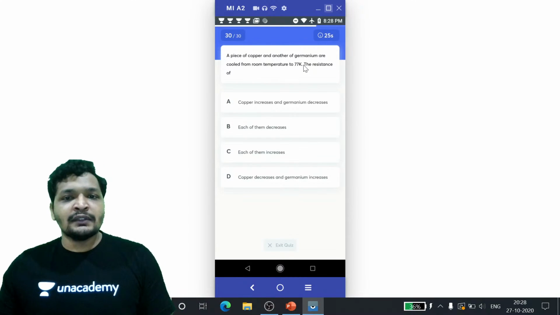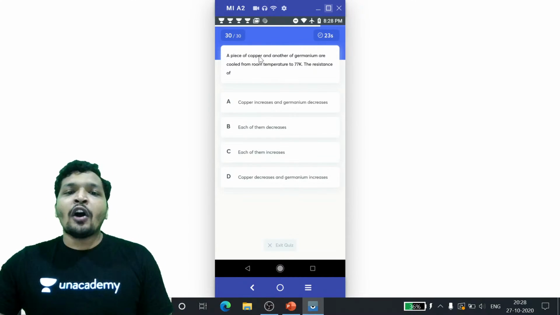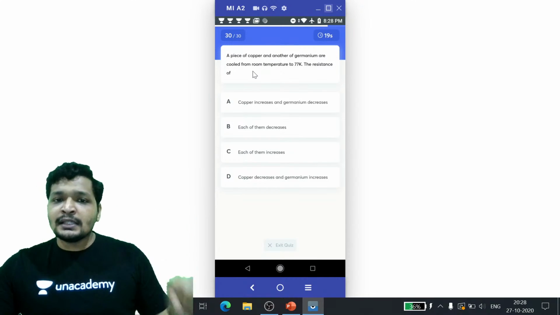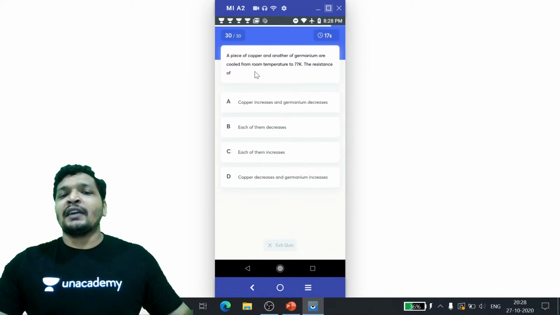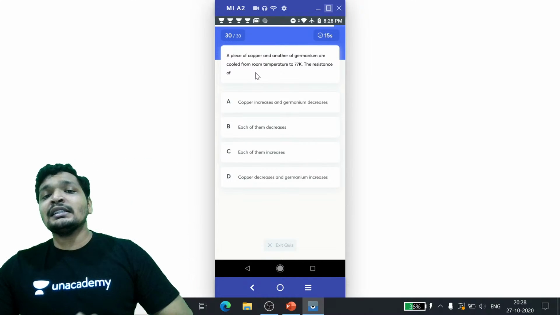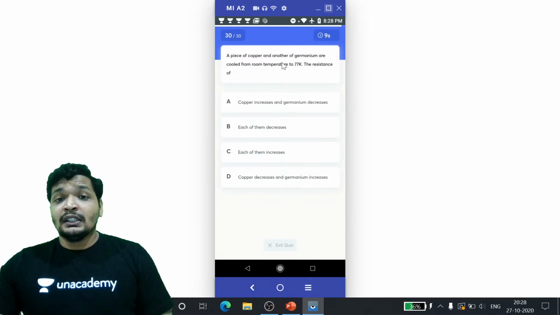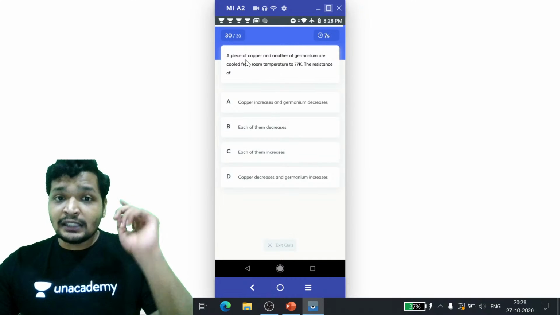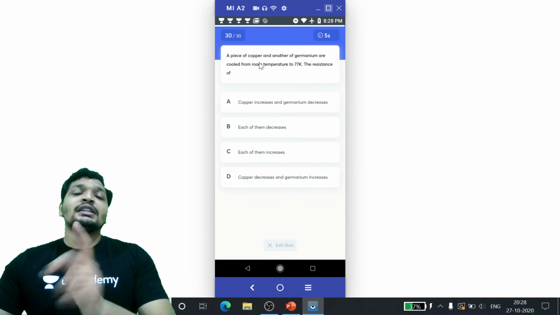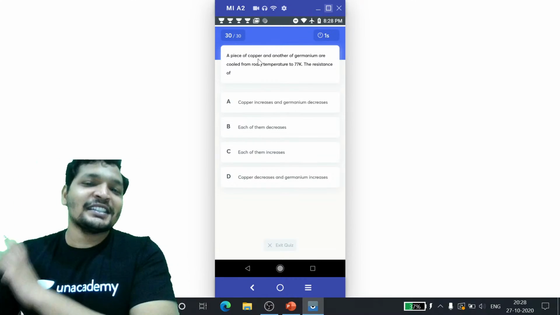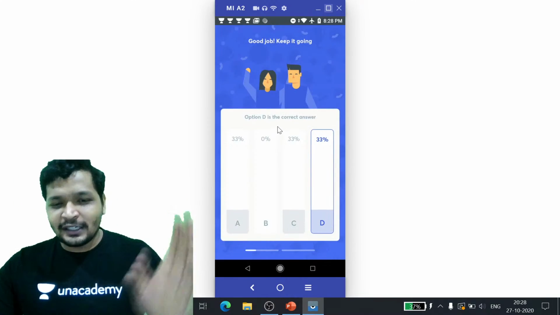And for copper, when you cool it down, the collisions decrease, all the thermal agitations have come down, and hence its resistance will decrease. So copper's resistance will decrease, germanium's will increase. It should have been D.